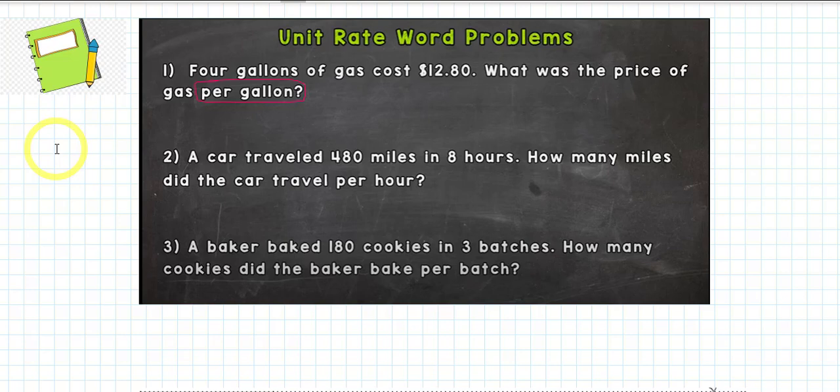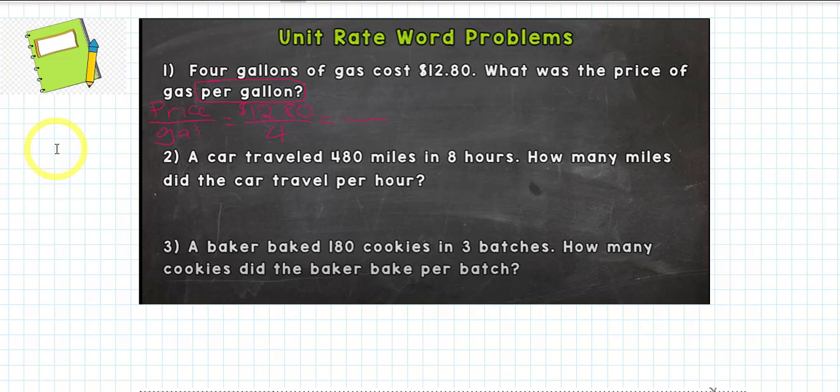And I know that since they're asking per gallon, gallon is going to be my denominator. And so the price will have to be the numerator. Now you just plug in the information given, $12.80 for 4 gallons of gas.